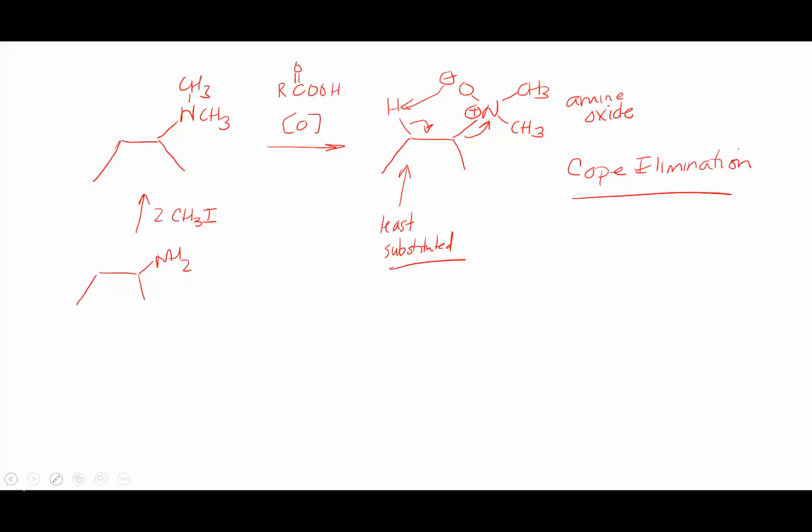When I lose the amine oxide, I'm going to get a different E/Z product. So again, the idea here is I'm building up all the possible reactions. That's an amine oxide.